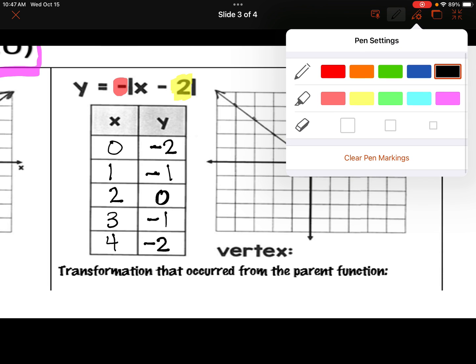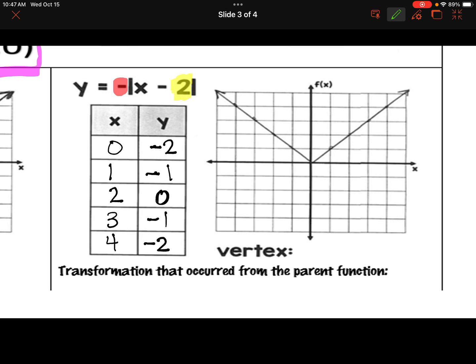Okay, so now I'm going to go plot these points. I have a point at 0, -2. I have a point at 1, -1. 2, 0. 3, -1. 4, -2.